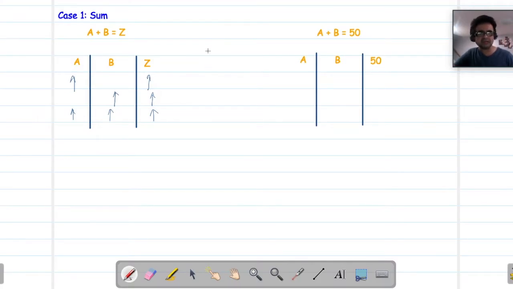A slightly different case is when the sum is a constant instead of a variable like z here. So let's say the sum is constant, and now we have to figure out what to do with a and b and how the equation works. It's very obvious, right? This quantity is now fixed. So if I increase a or maximize a, I have to automatically minimize b, and the other way around.